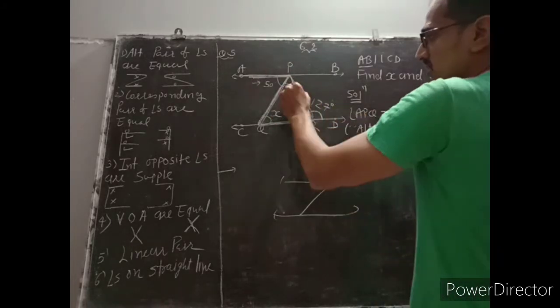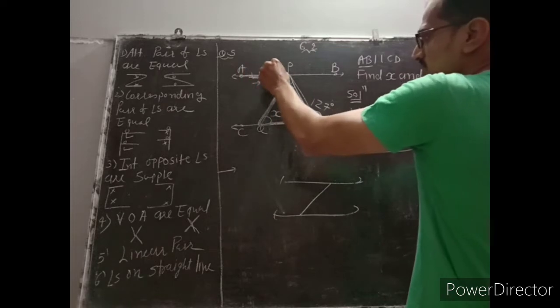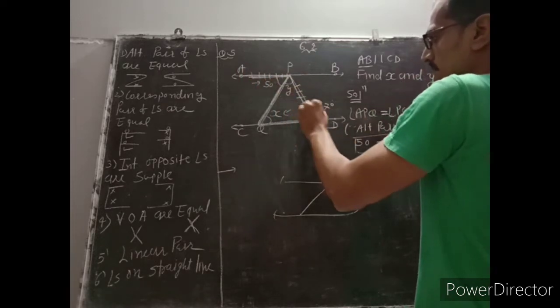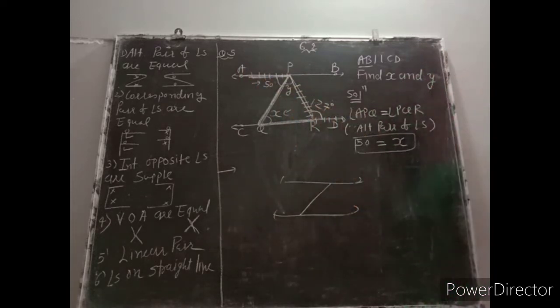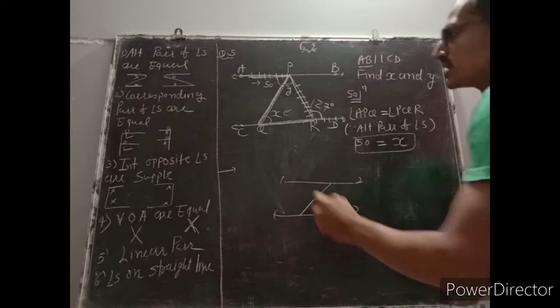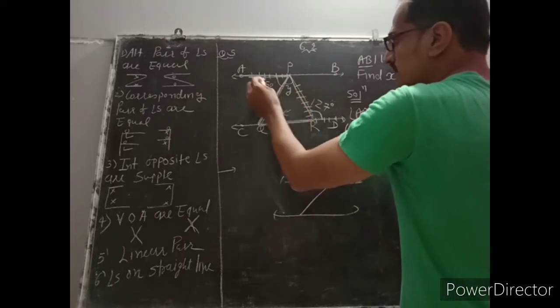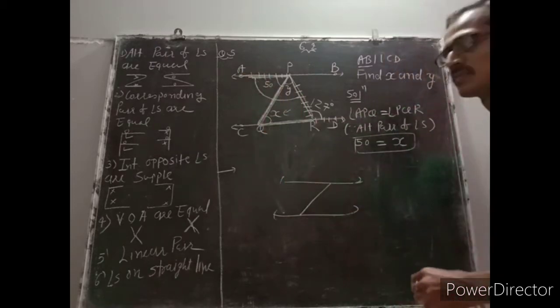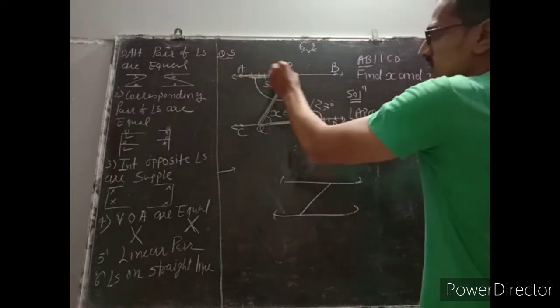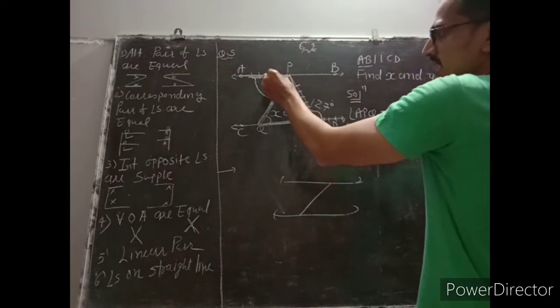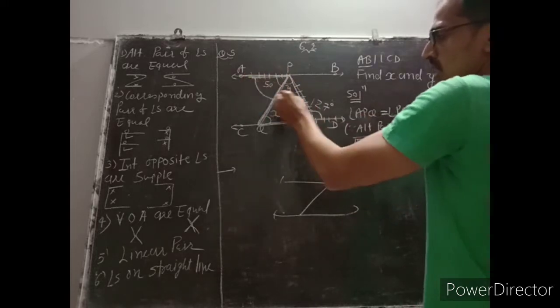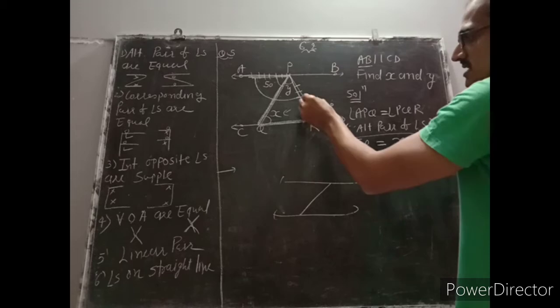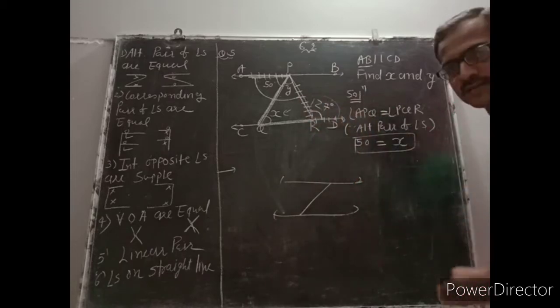Again on this line one more Z is formed, this one. So one corner of Z is this, and this whole angle will be equal to the other corner, this angle.